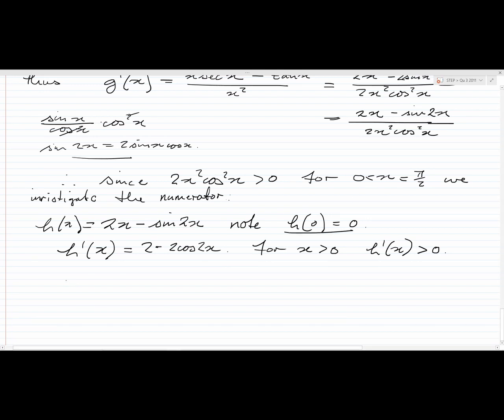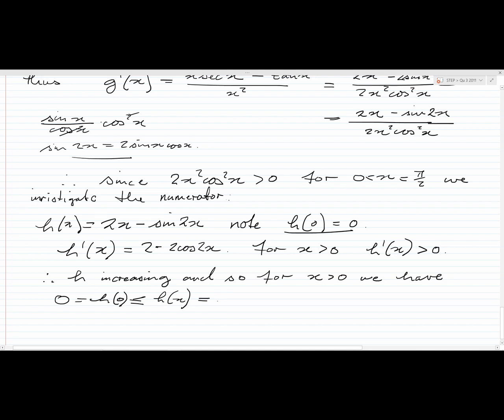So therefore, since h is increasing, so we use a lot of increasing functions here, for x, again the same argument, greater than 0, we have h of 0 is less than or equal to h of x. h of 0 is equal to 0, of course.